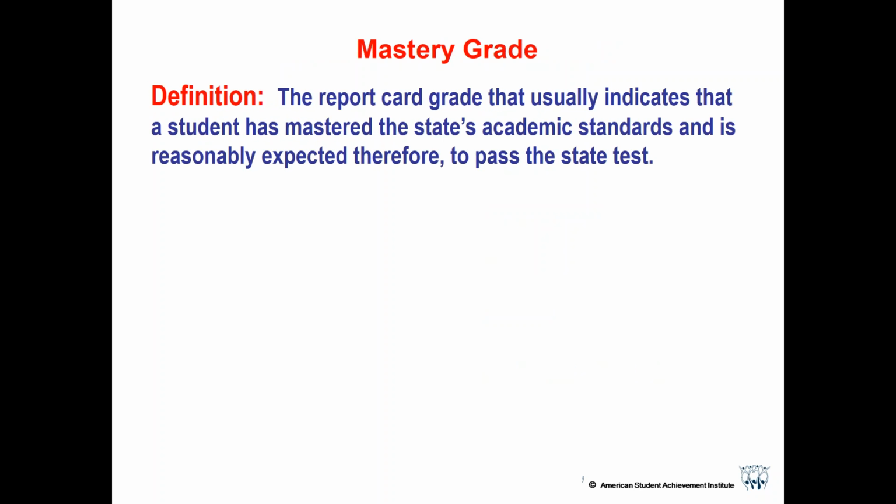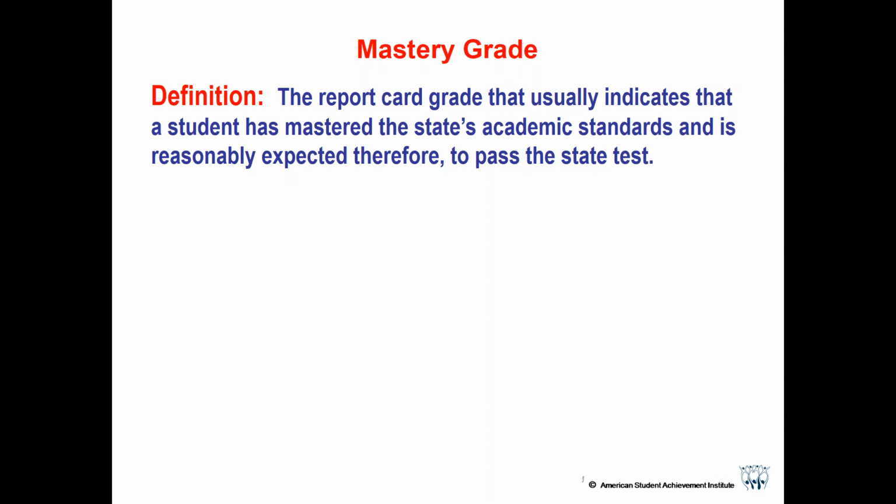Okay, then I need to define for you what is a mastery grade. This is going to help us with a key discussion later about what your transcripts and your report cards are saying to people. So a mastery grade would be a report card grade that usually indicates that a student has mastered or will master the state's academic standards and is reasonably expected, therefore, to pass the state test.